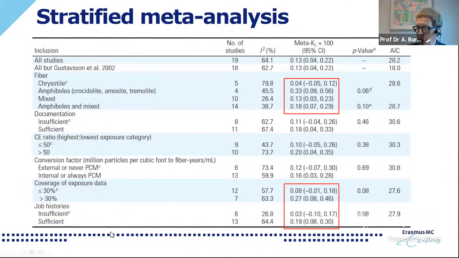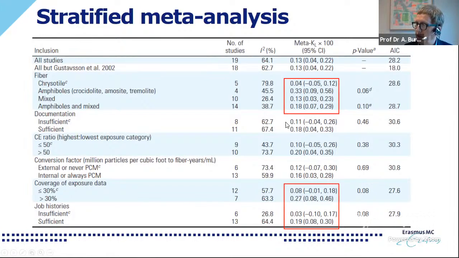We saw the same with job histories. Insufficient job history versus sufficient job history information. If you compare the studies for their quality, you see that there is also a much higher estimate in the studies with sufficient quality of job histories compared to insufficient quality.